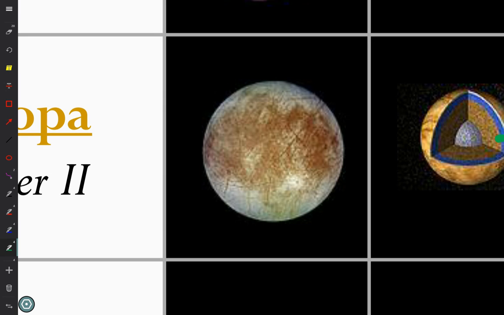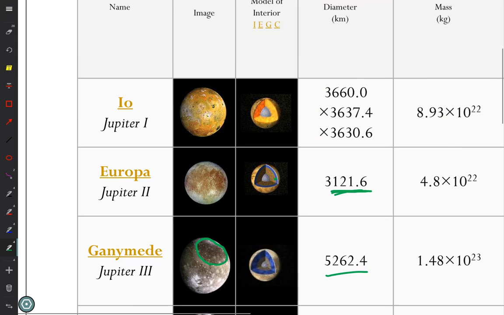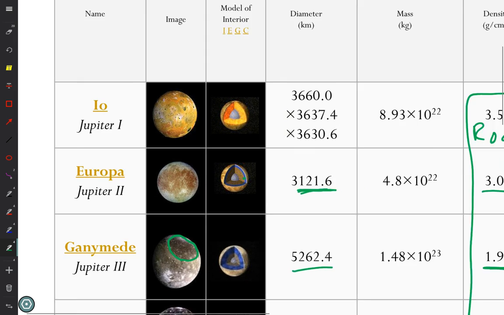And so those lines you see are places where it's been broken and fractured and water comes up between and freezes, just like magma comes up between our rift valleys and freezes to make new ocean floor. So they believe that the surface there of Europa is fairly active. It's a young surface with plate tectonics, but water instead of rock. Very interesting conclusions they draw based on scientific knowledge and observations.